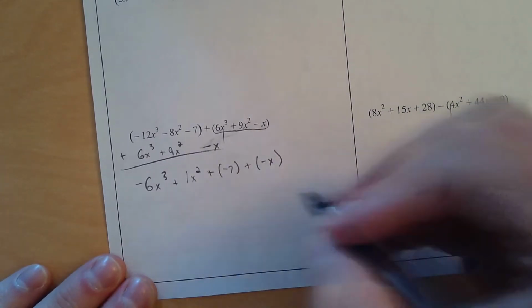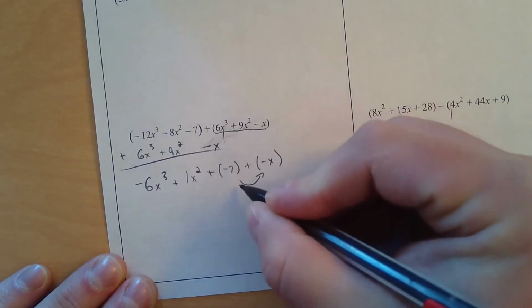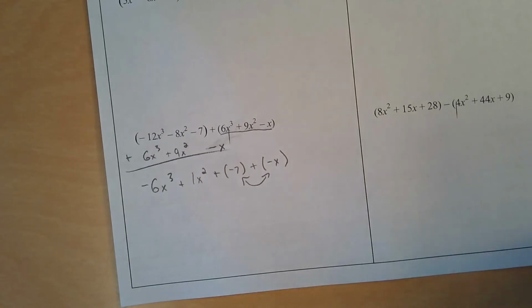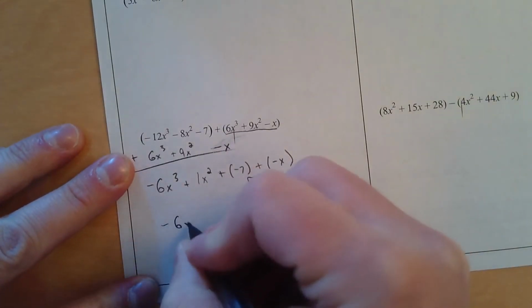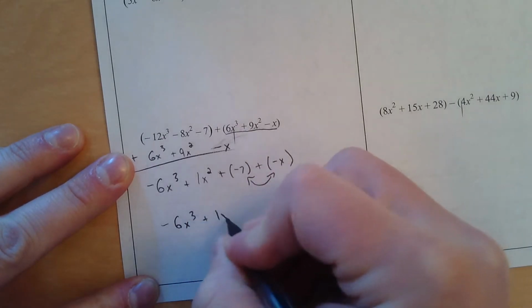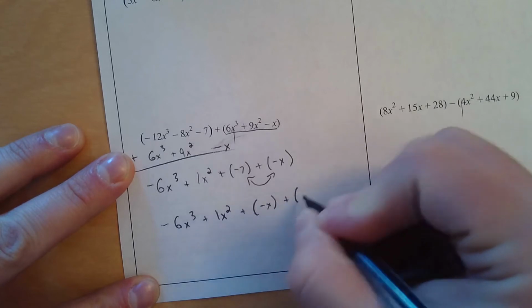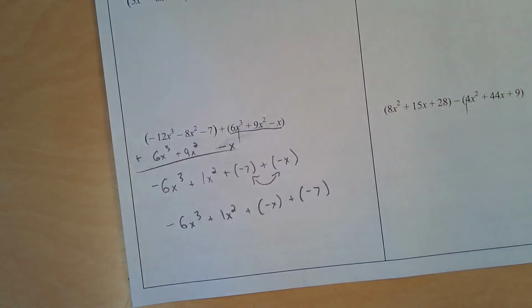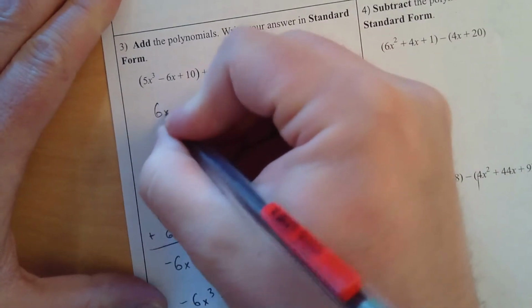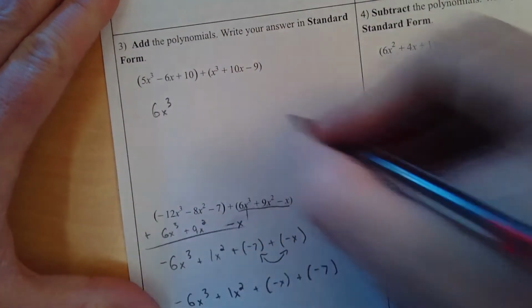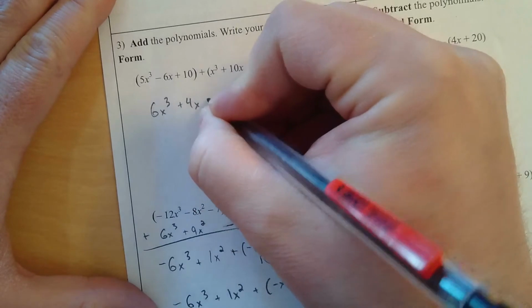So standard form, all we're going to have to do here is flip these last terms. Once again, that's kind of why addition is our friend here. And let's see, the answer for the other one was 6x cubed plus 4x plus 1.